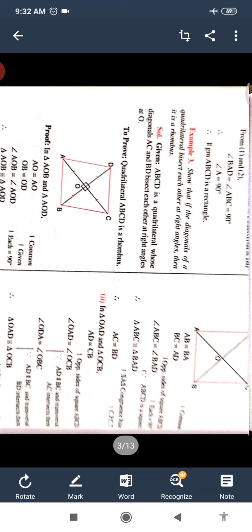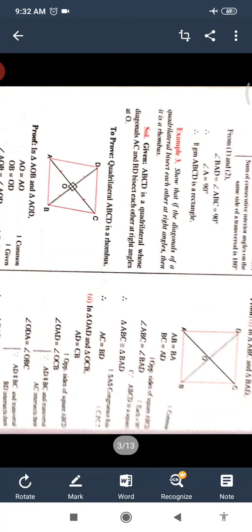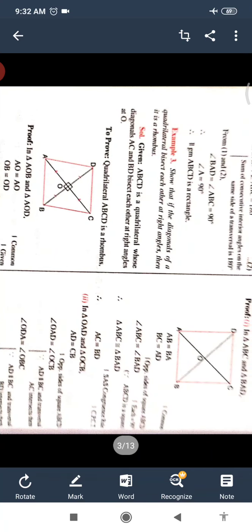Using this criterion we obtain OA equal to OC. The diagonal AC is made into two equal parts, AO equal to OC. This is bisecting. OA equal to OC, this result we have proved.